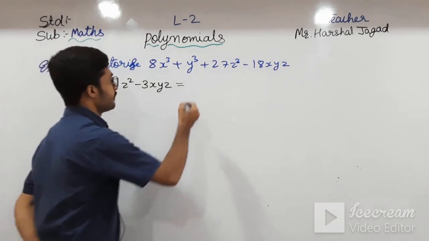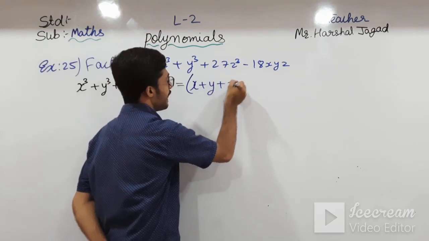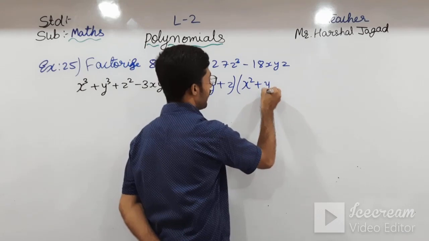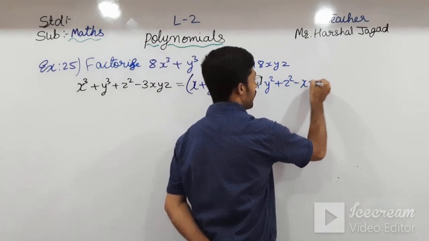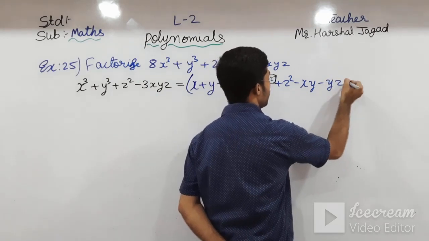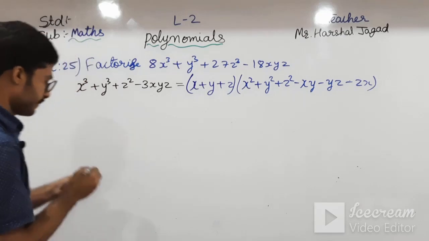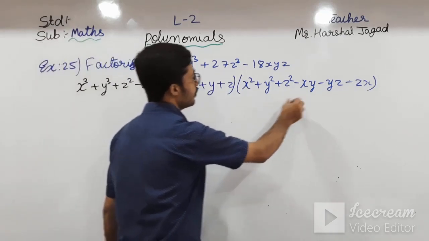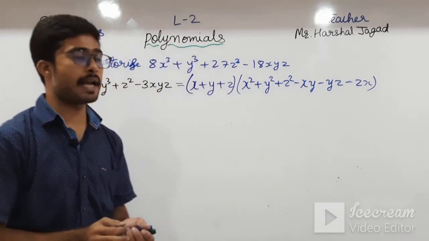What will come? x plus y plus z into the bracket x square plus y square plus z square minus xy minus yz minus zx. Okay students, so we have to form this according to this. So first of all students, try by yourself, then after that I am solving this.